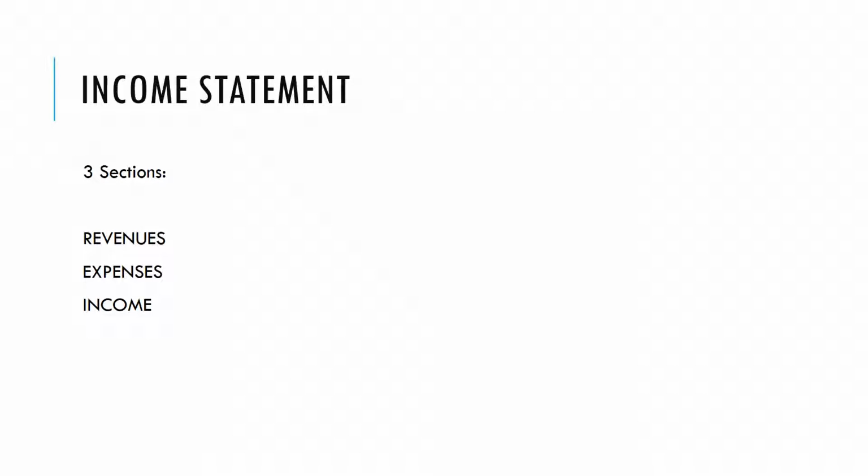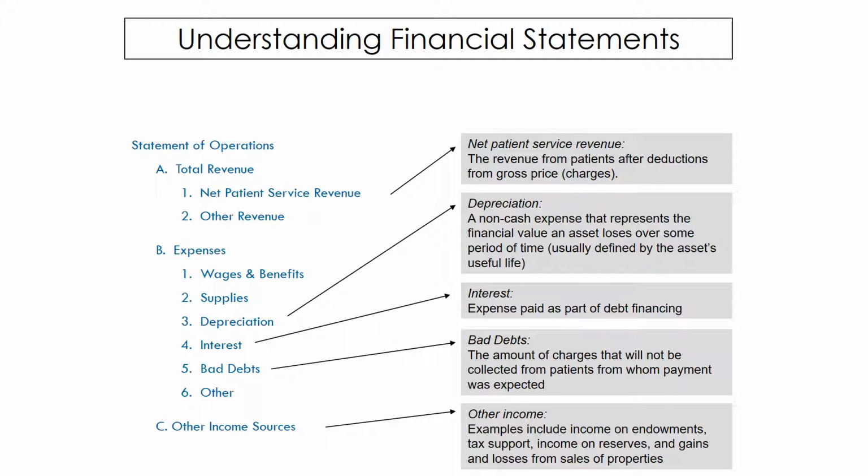So there are three sections of an income statement. There are the revenues, the expenses, and the income. So in our statement of operations, or also our income statement, we have our total revenue. And this is usually within a healthcare organization broken up into two types.